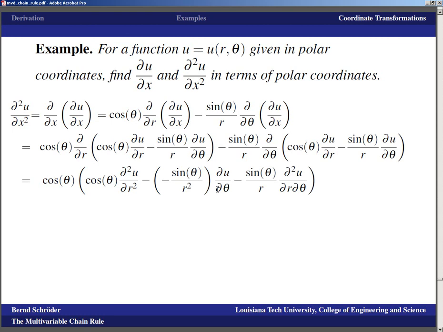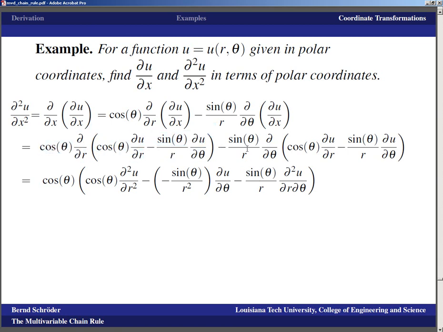Good. And then we have minus the first one. Okay, so this would be plus; with this minus, it becomes minus. The first one times the derivative of the second one with respect to r, which is the second partial of u with respect to r and theta. And that takes care of this term here.